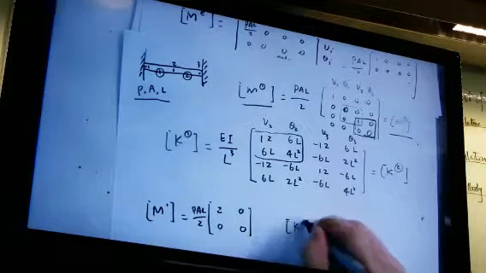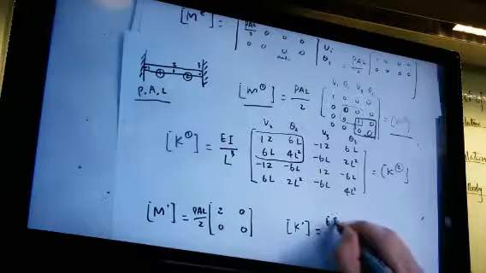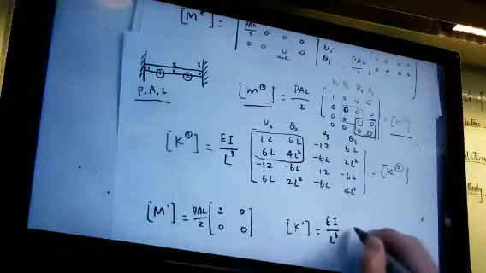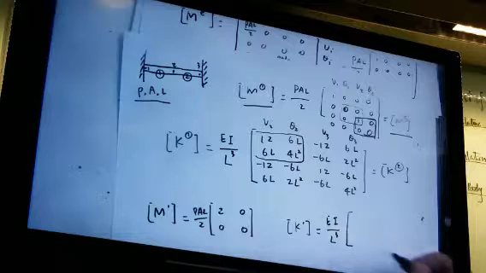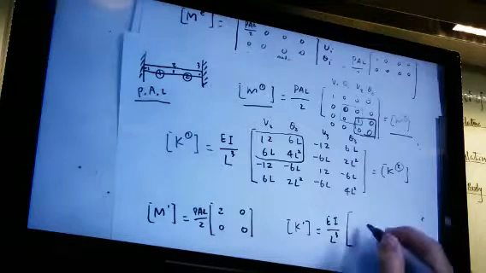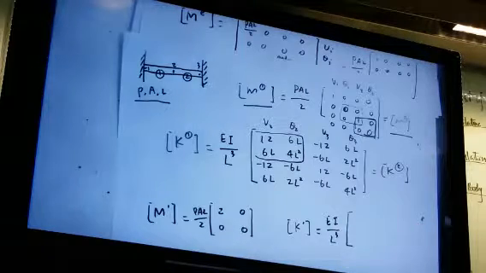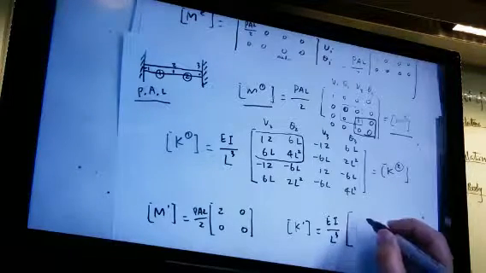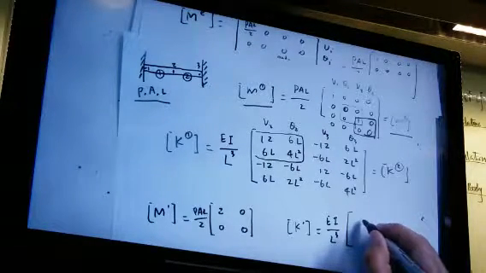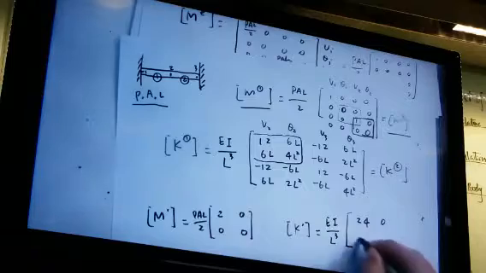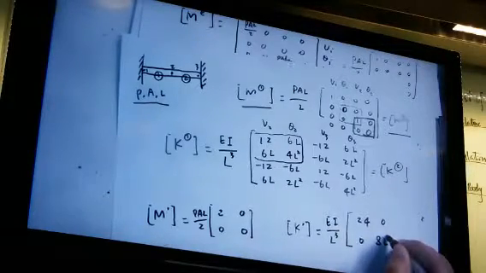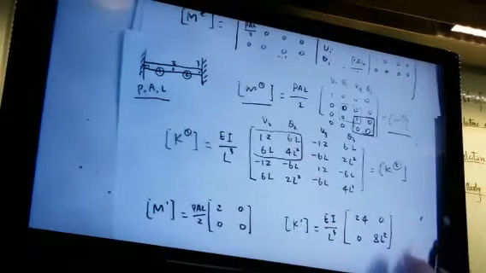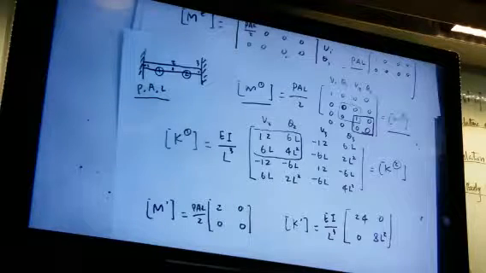So K prime will be EI times a matrix in V2 theta 2, with entries 24, 0, 0. Why is it 0?